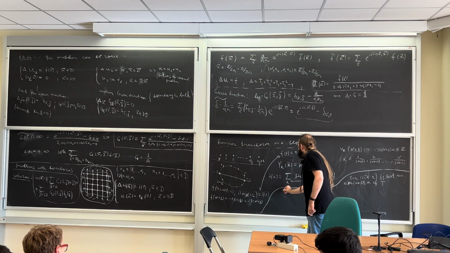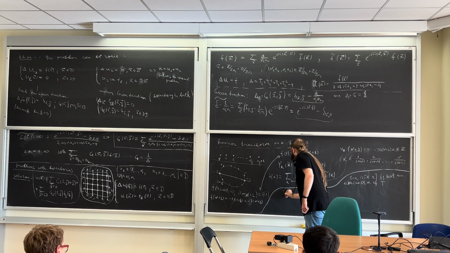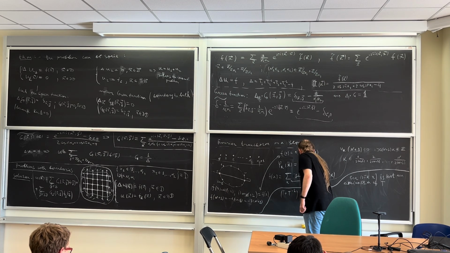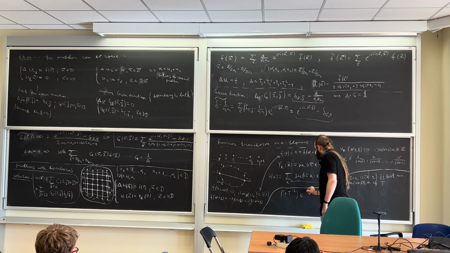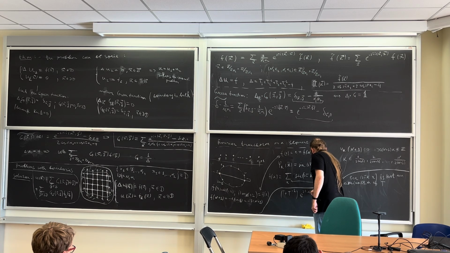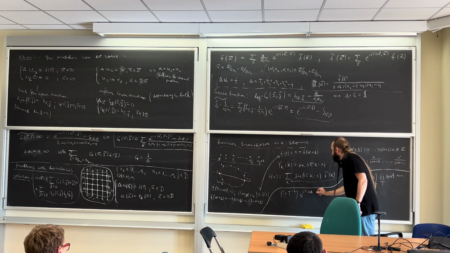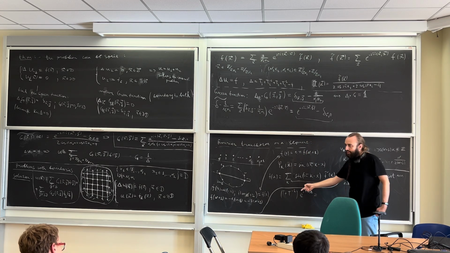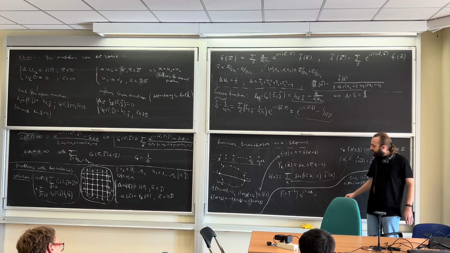Namely, let us act with the sum t plus t inverse on one exponential, e to the 2 pi i kx. So who can tell what will be the result of this action?